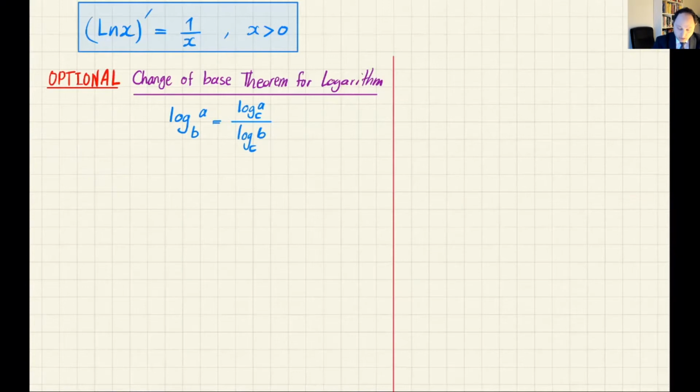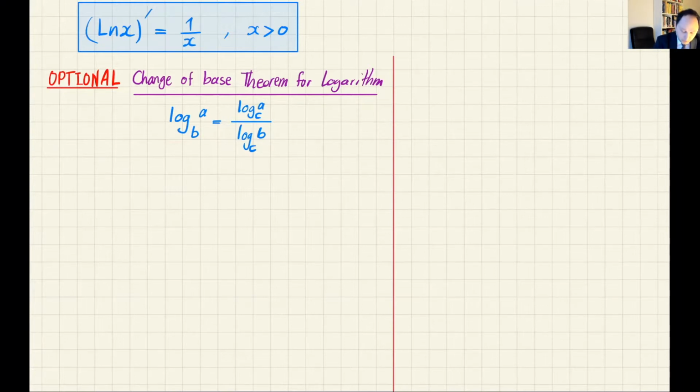So if you calculate logarithm of a in base c, you calculate logarithm of b in the same base c, and if you divide them in this order, this is equal to logarithm of a in base b. Of course, you need to respect the conditions.